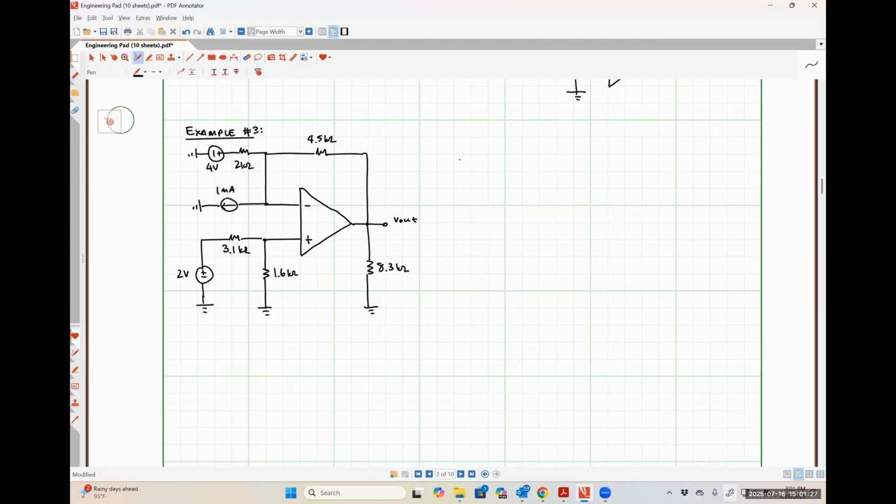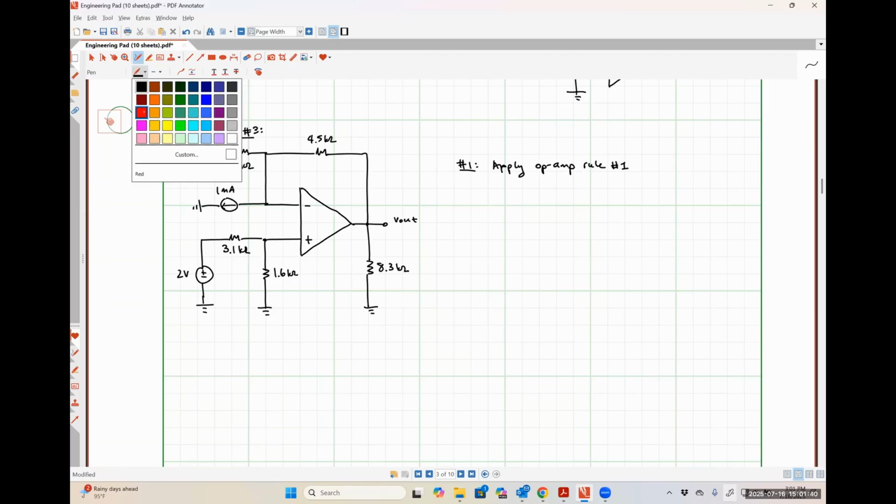So, step 1 is to apply op amp rule number 1. So I'm observing that no current can flow into my input terminals like so.